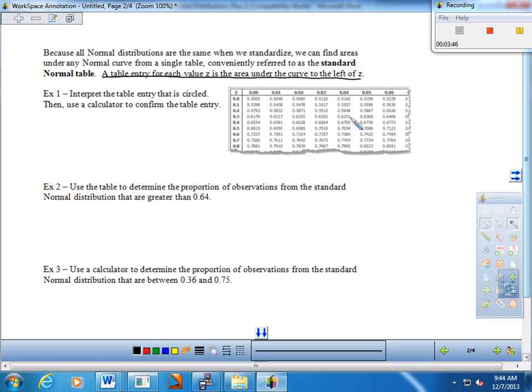Okay, example 1. It says interpret the table value or the table entry that is circled, then use a calculator to confirm the table entry. Okay, so obviously there is not one circled right there, so I'm going to have you circle it yourself. And this is the one I want you to focus on, so can you just circle that one? And it's pretty arbitrary. I just kind of picked one off the top there.